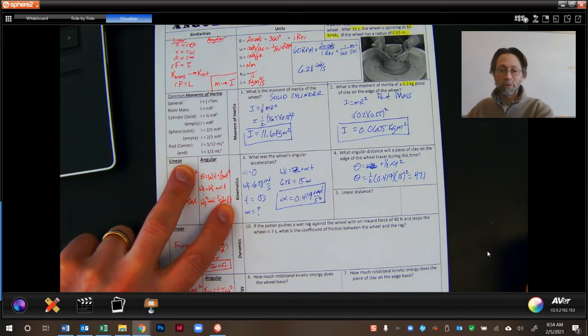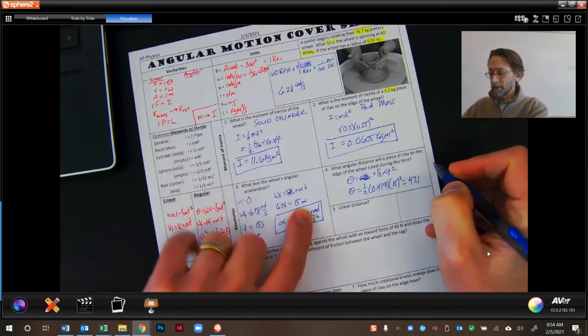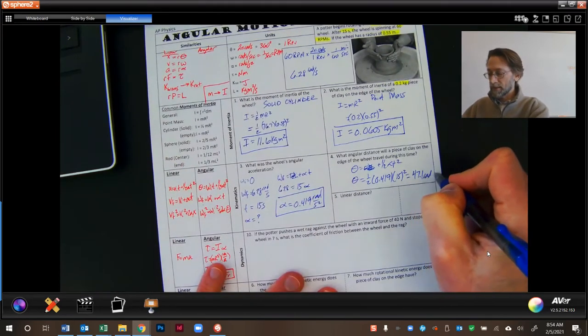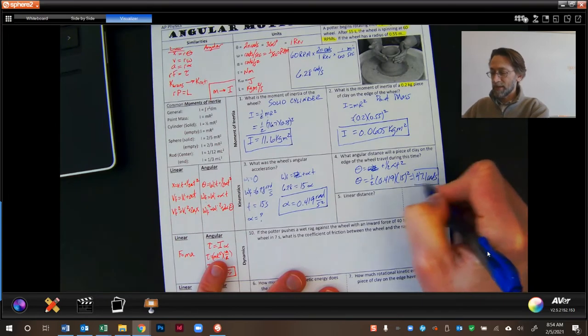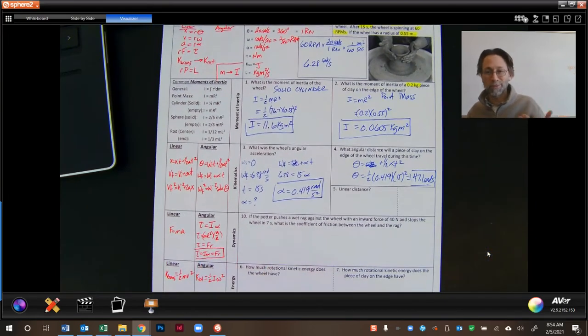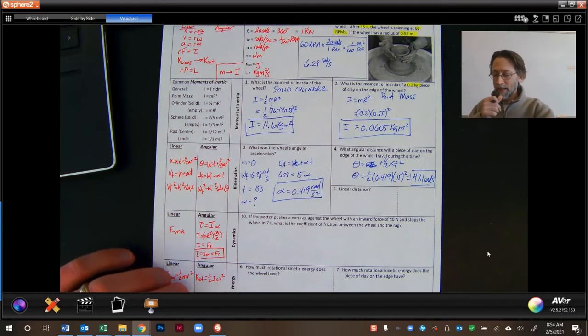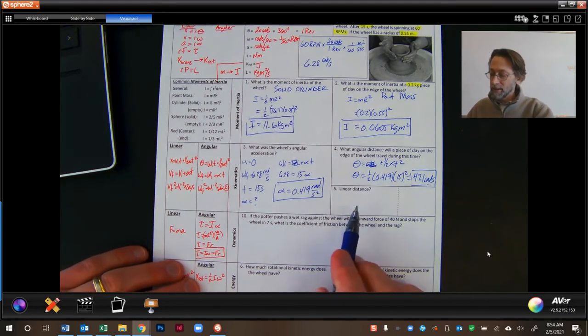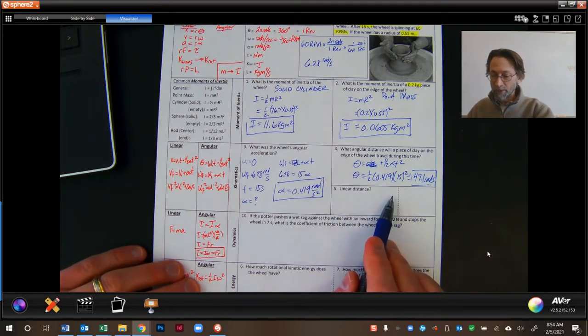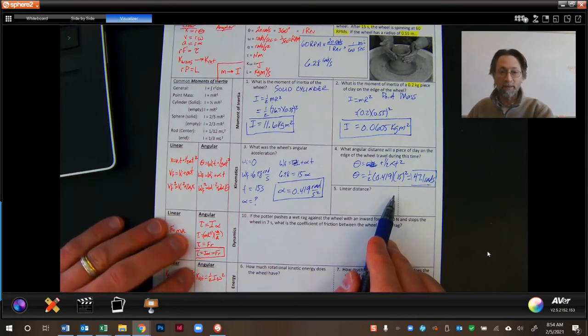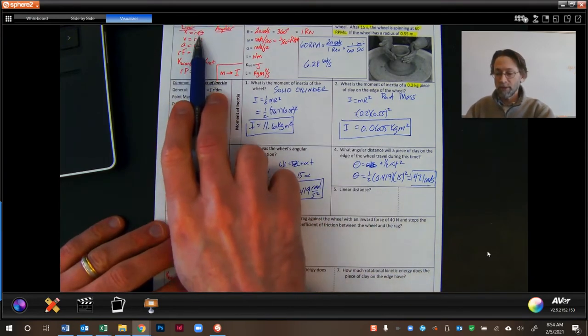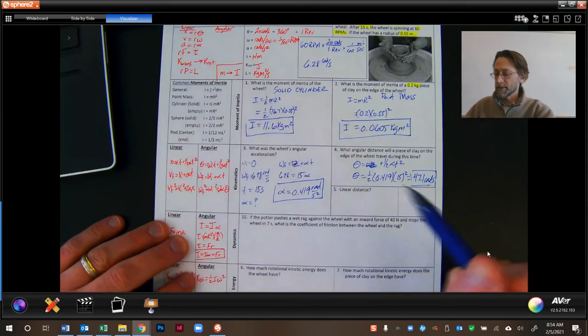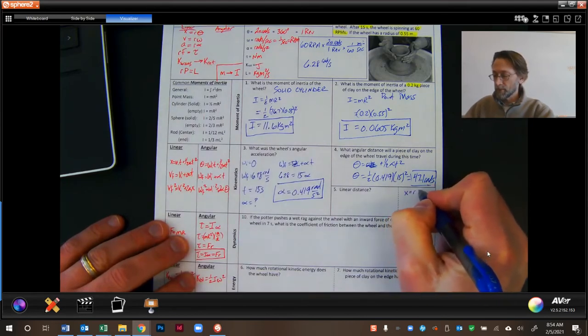And again, what do we measure that angle in? Everything is going to be in radians, assuming that you put everything at the beginning in the radians per second squared, etc. Okay, now, how would we find the linear distance of that? There is one easy way to do that, and that would be, if you remember up here, that converting angular distance to linear distance, I can do x is equal to r theta.